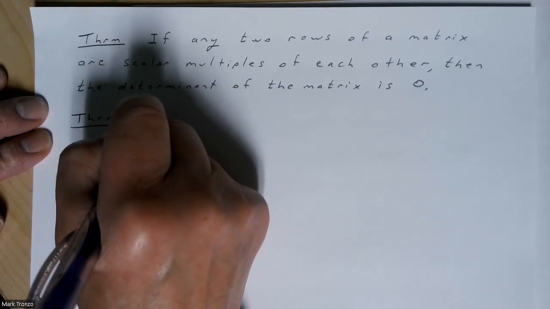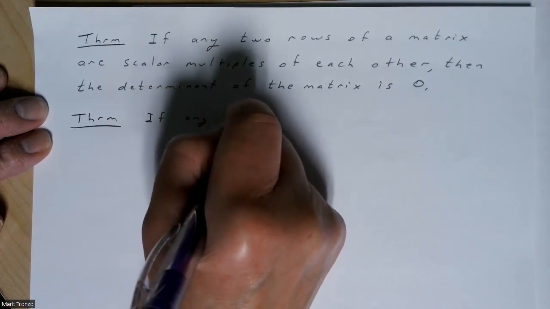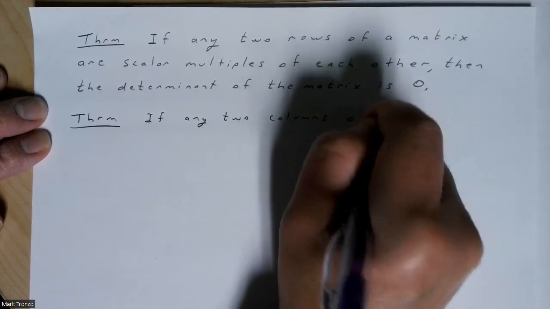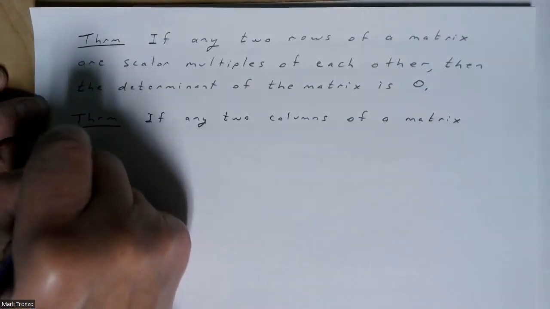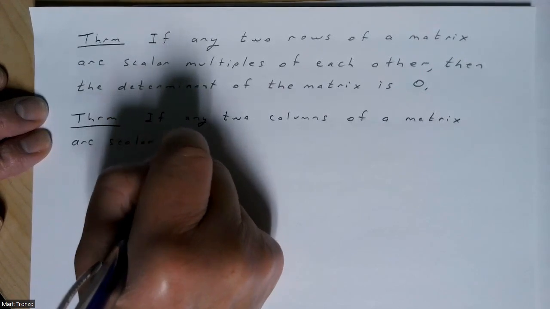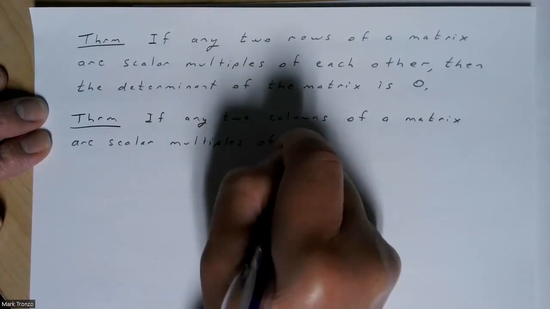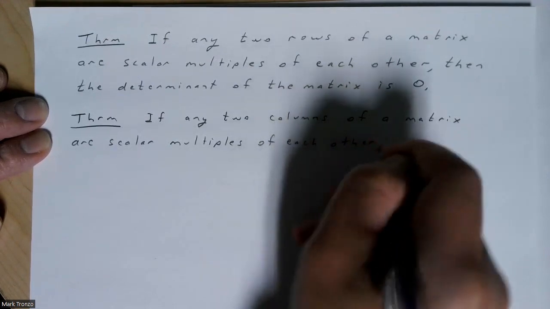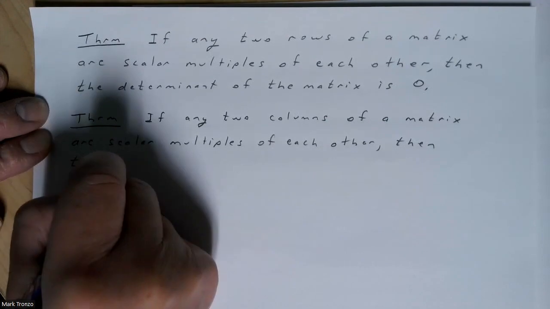In the same way, if any two columns of a square matrix are scalar multiples of each other, then the determinant of that matrix is 0.